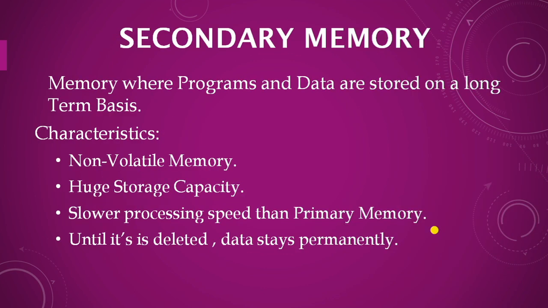Now let's know about secondary memory. Primary memory is the working memory of the computer. All the work is being done in primary memory. So where is all the work saved? सारे काम सेव कहाँ पे होते हैं? सारे काम सेव होते हैं सेकेंडरी मेमोरी पे. Yes. Secondary memory is where programs and data are stored on a long-term basis. Why is it long-term? It will stay permanently until you delete it. अगर आप उसको delete नहीं करते हो या किसी वायरस इफेक्टिव वो करप्ट नहीं हो जाता है, वो permanently रह जाता है. It's a non-volatile memory, मतलब पावर जाए या रहे इसमें कोई फर्क नहीं पड़ेगा.